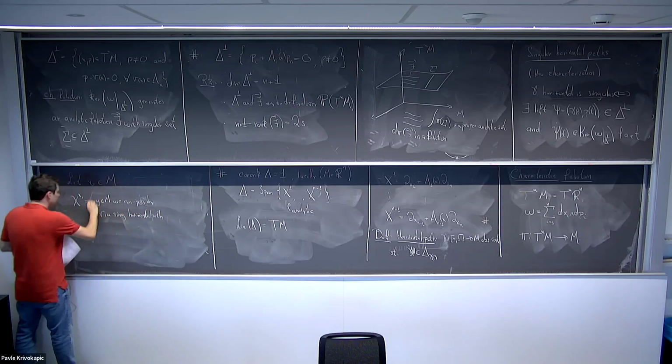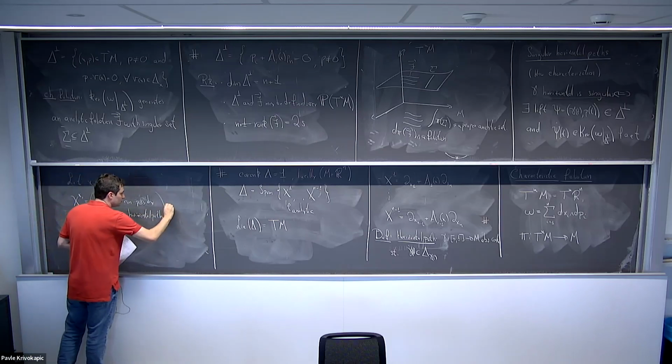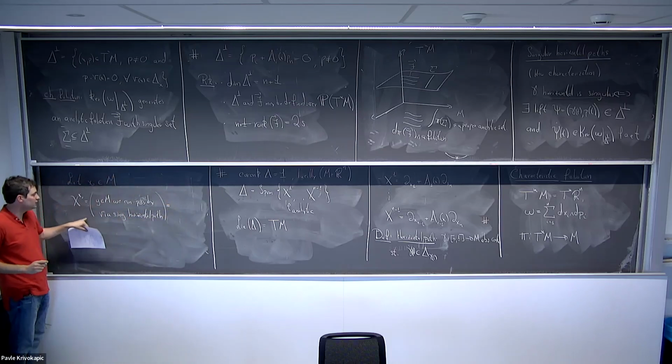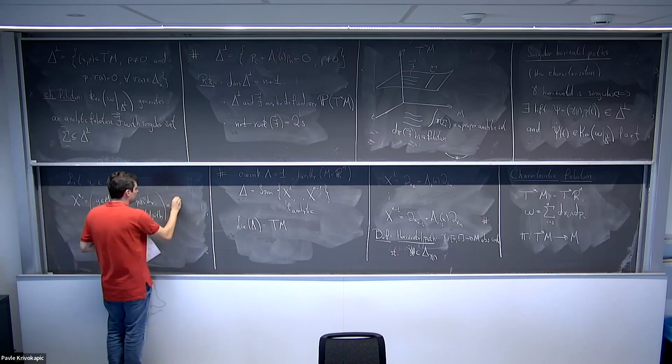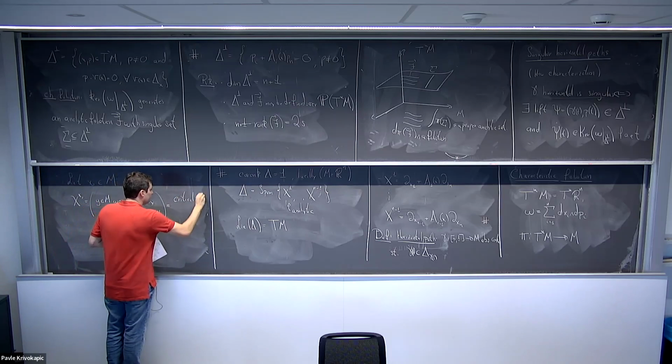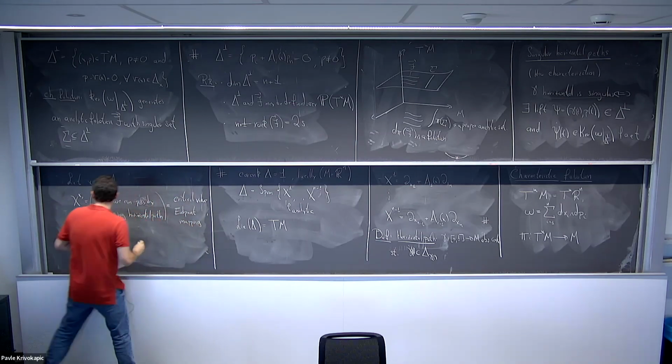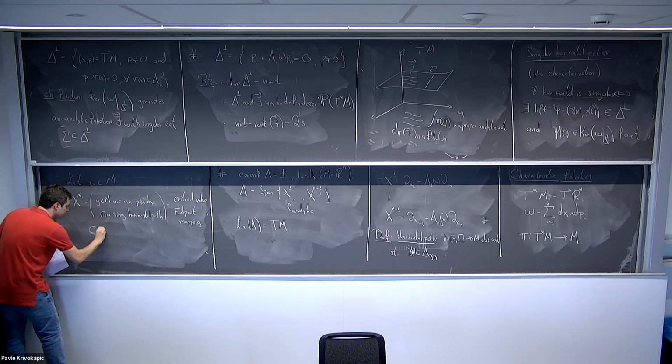Just to make the parallel, this set is also the critical values of a certain map, called the endpoint mapping. And they are contained in M.